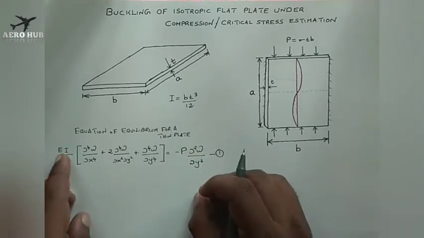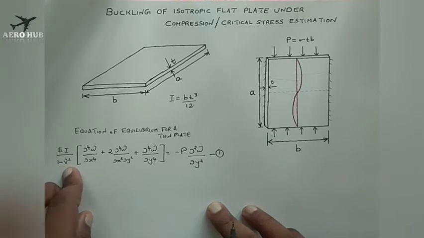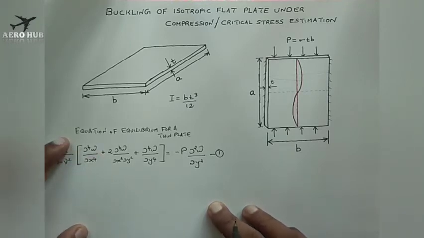Here E is the Young's modulus, I is the moment of inertia, mu is the Poisson's ratio, P is the applied compressive load, and omega is the equation for the deflection curve.